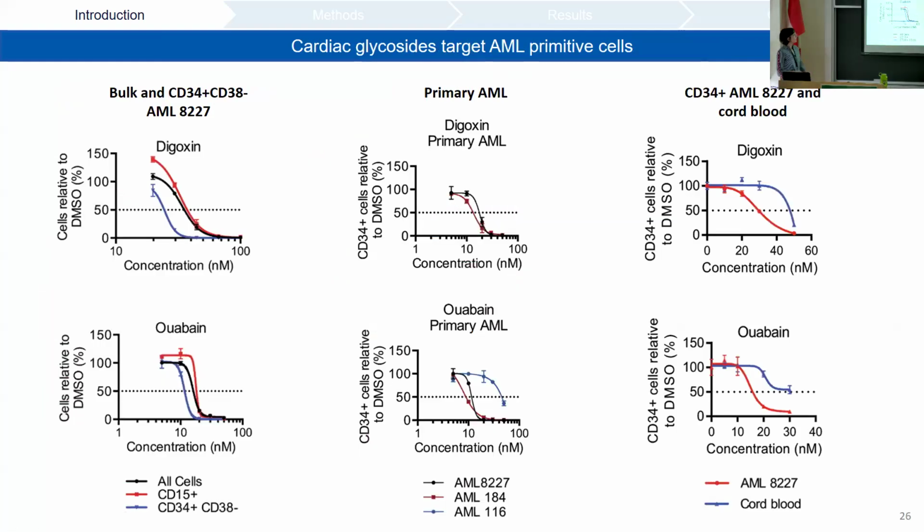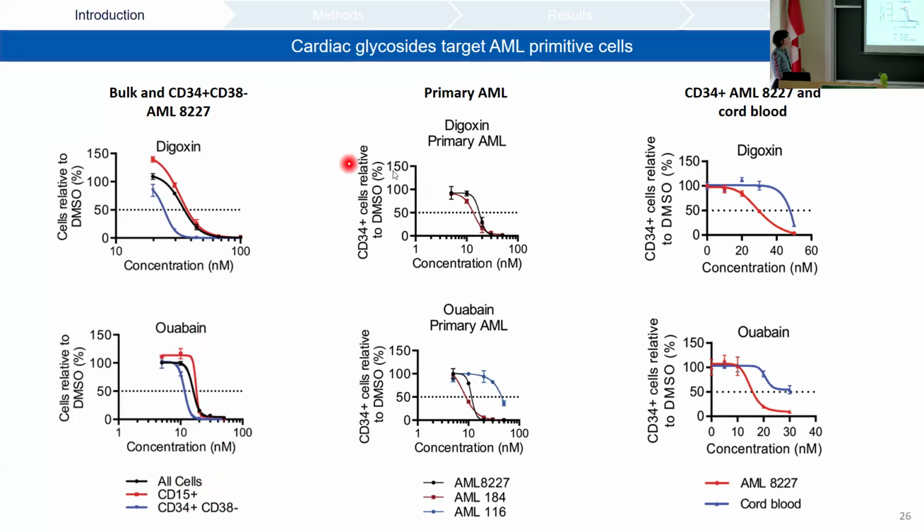Just quickly here, looking at their cell viability curves, they tested AML cells, and they found that the cardiac glycosides digoxin and ouabain were more toxic towards the leukemic stem cell population than the more differentiated leukemic cells.